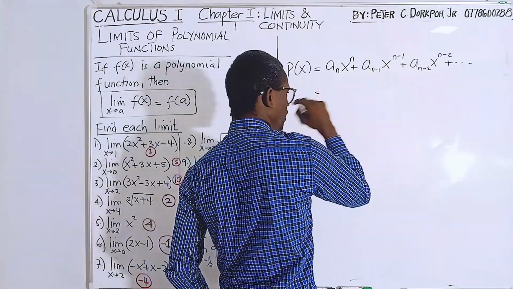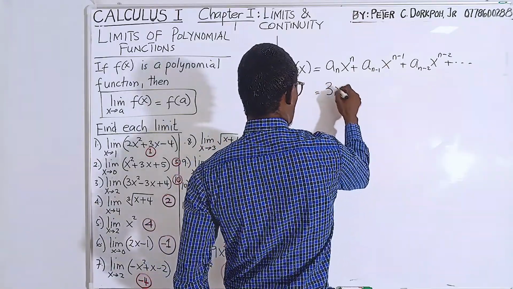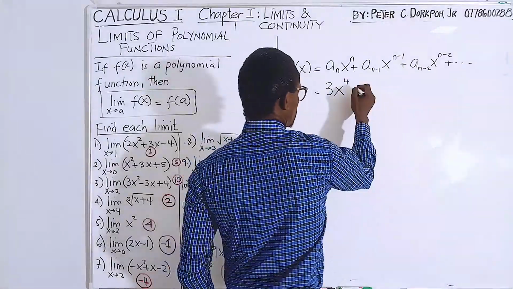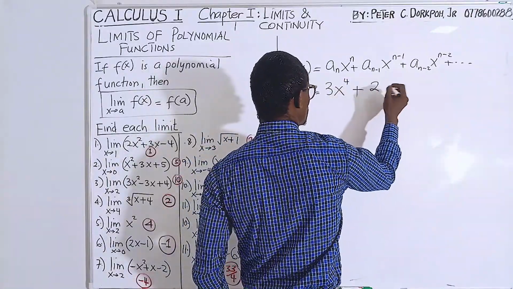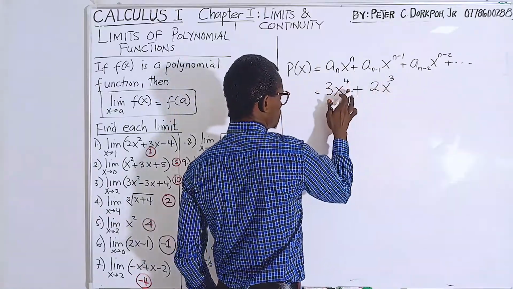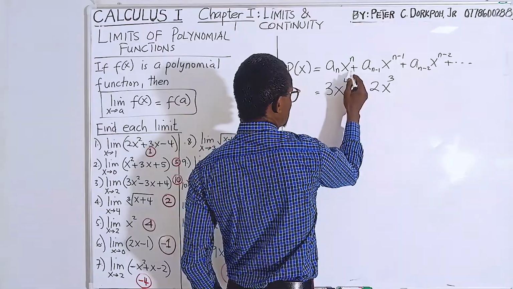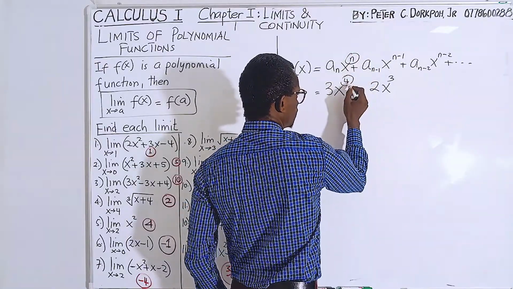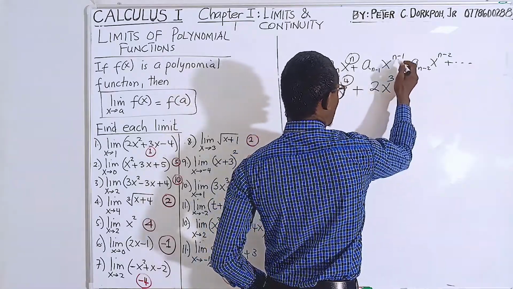So for example, if you have 3x to the power 4, and then the next one to be 2x to the power 3, for example. What you have observed is that your n here is representing the 4.